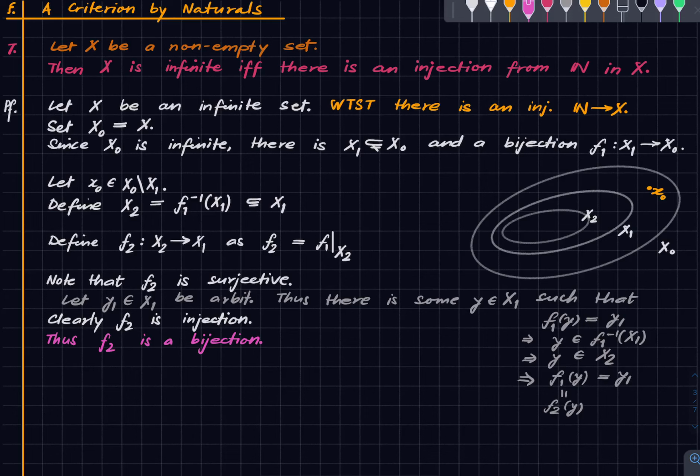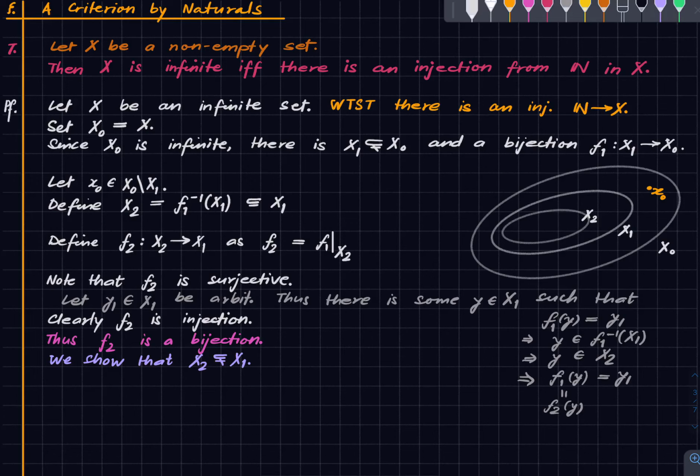Finally, we want to show that X2 is a proper subset of X1. So this will be a most important step. So now we show that X2 is properly contained in X1. Okay.